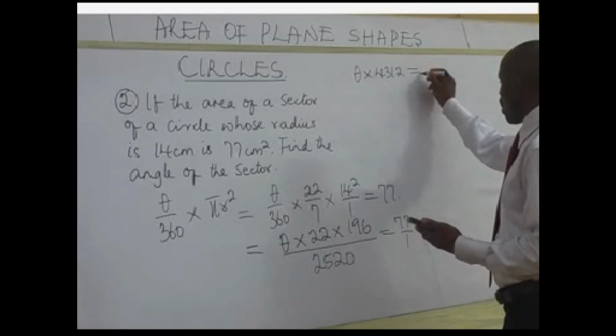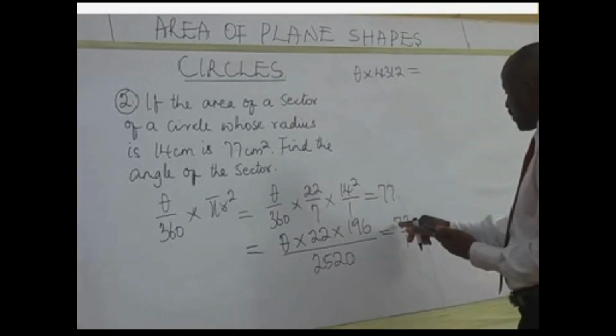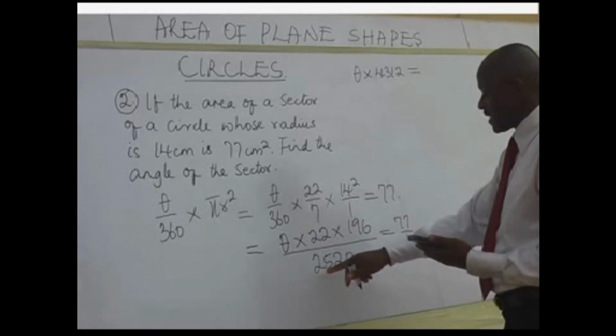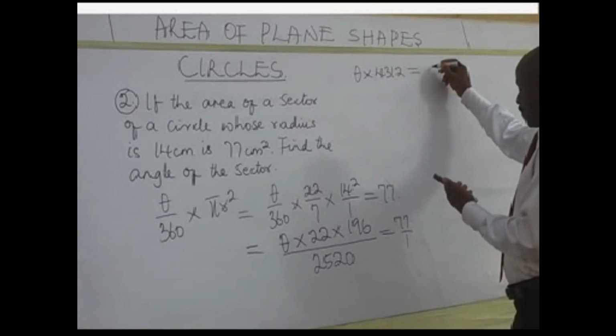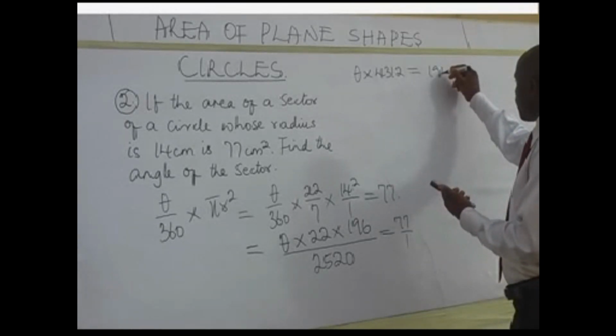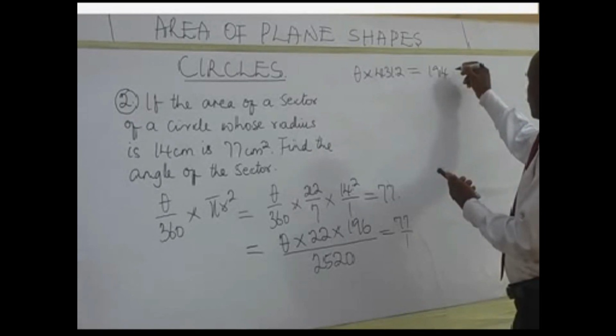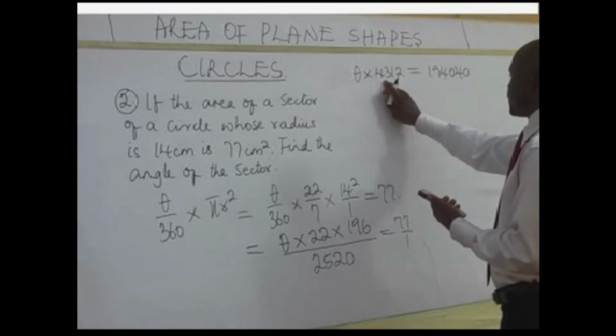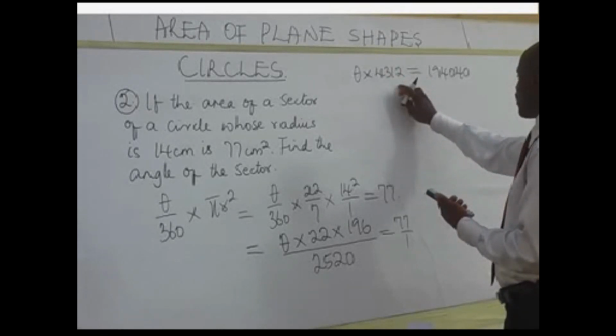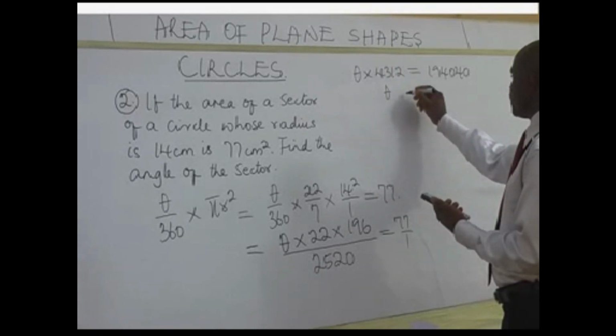Will now be equal to, let's multiply 77 and 2520. 77 times 2520 is giving me 194040. So if you now divide both sides by 4312, you're going to be left with only theta here.